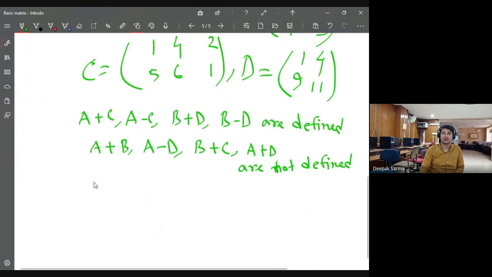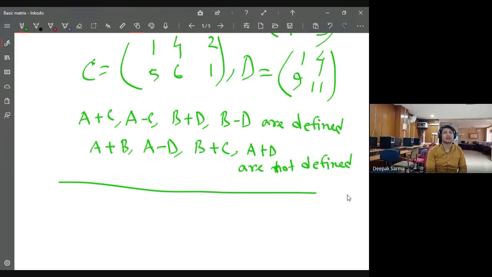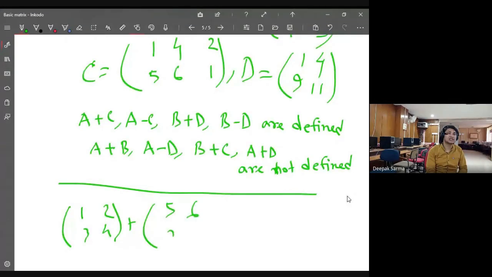Now, if I define the addition of two matrices, then similarly I can define addition of 3 or 4 matrices also. 5, 6, 7, 8. Suppose I write 9, 10, 11, 12.